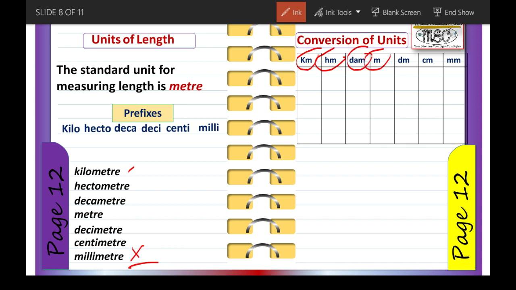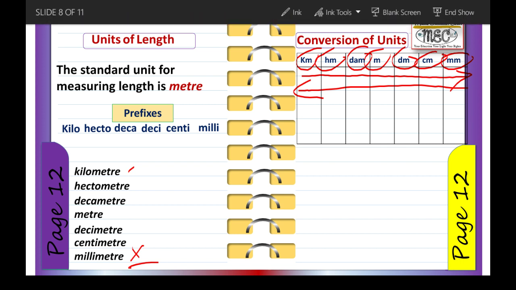Decameter is larger than meter. Meter is larger than decimeter. Decimeter is larger than centimeter, and centimeter is larger than millimeter. So from this side to the next one, we are moving from the biggest to the smallest, and from meter to kilometer, we are moving from smallest to the biggest.